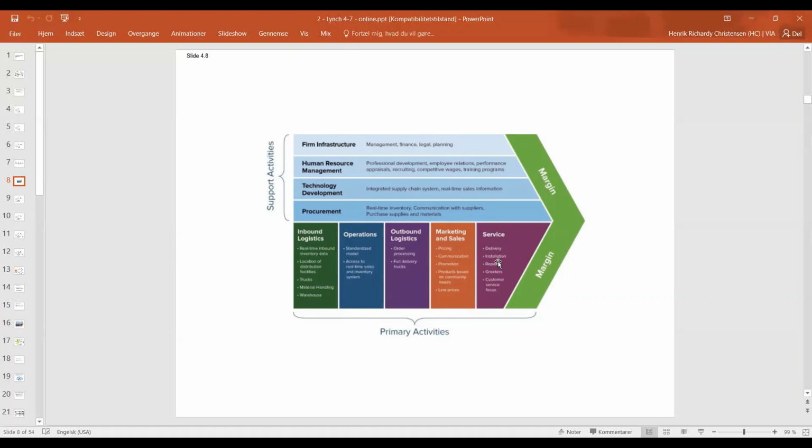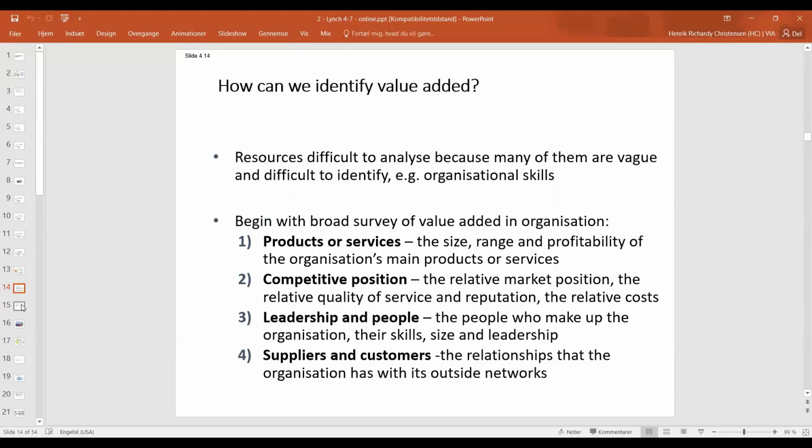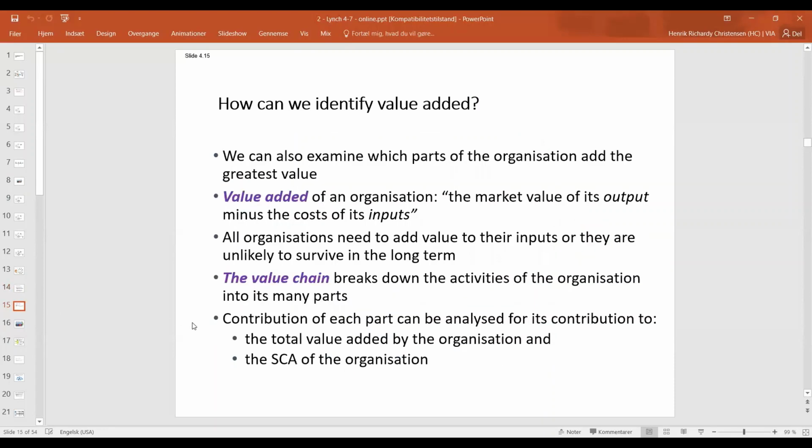So what he's suggesting here is that for each of these activities, we simply try to identify what is the contribution of each of these parts. And then when we are adding up all of these contributions, that gives us the total value for the whole organization. Only now we know where the value comes from.